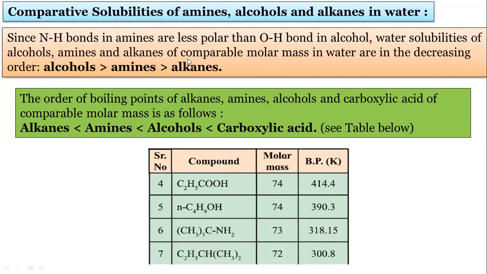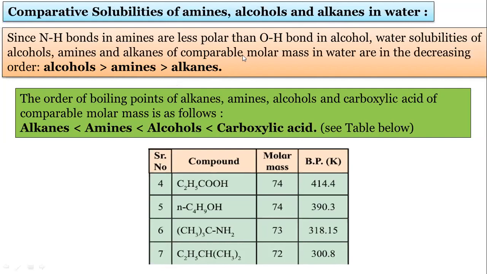So for those students who want to give competitive exams like CET and different exams, please listen carefully. This is the comparative solubility of amines, alcohols and alkanes. See, all these three are different functional groups. Amines are a different functional group, alcohols have the OH group, and alkanes have carbon single bond carbon.